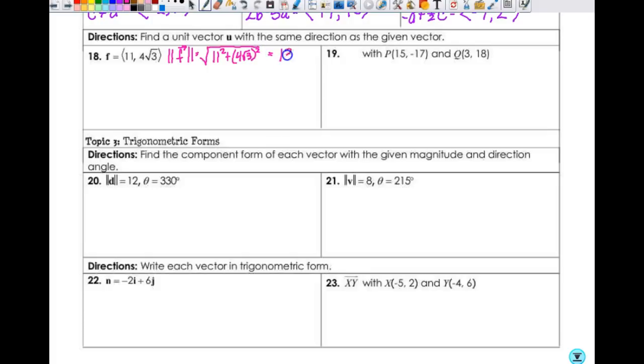That gives me 13. So the magnitude is 13. The unit vector is equal to 1 over the magnitude times the vector 11, 4 square root of 3. So that means that the unit vector is 11/13, 4 square root of 3 over 13.